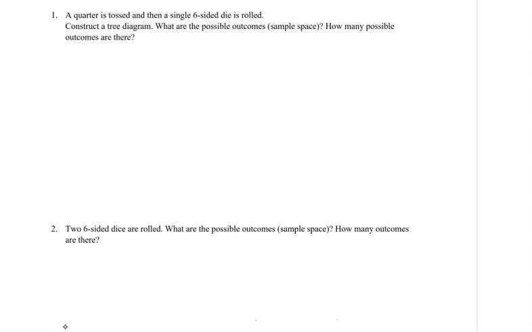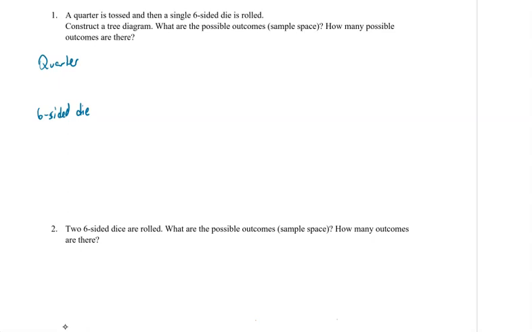Okay, so first off, we're going to start with this tree diagram thing. A tree diagram is just a visual way to see exactly what possibilities can happen in a given scenario. So we're going to think about this as first a quarter, then a six-sided die.